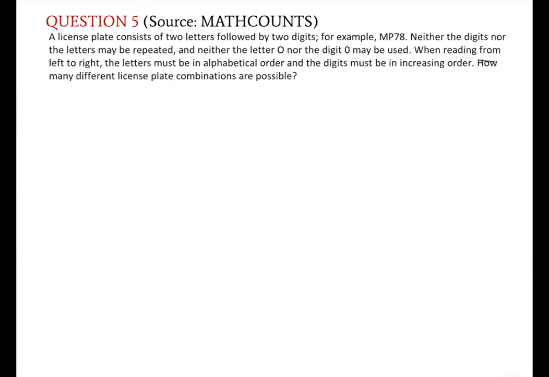So let's start with the letters. If we use the letter A as our first letter, then the second letter can be any letter from B to Z, except O. So basically, there are 24 ways of this.